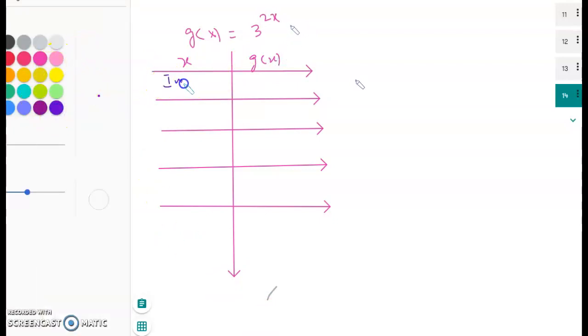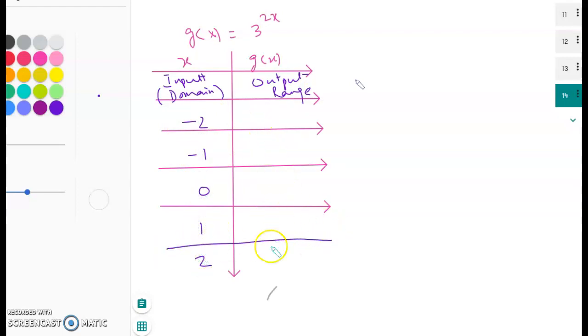This is also input, and this is the output. This is the domain, and this is also called the range. Let's take some numbers: -2, -1, 0, 1, and 2. You guys take turns and complete this table and see what type of output we get out of this.